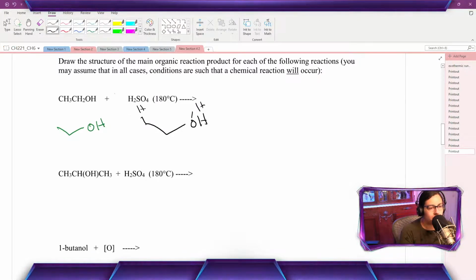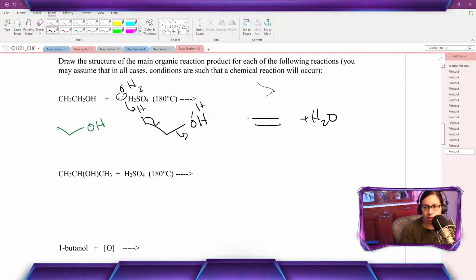This is a hydrogen that's going to leave. So that gets attacked by water. Those electrons form there, and then this leaves. There we go. It's a little clearer. And so that leaves us with our double bond, which is what we should expect from this dehydration reaction. And then, of course, plus water, since water left.